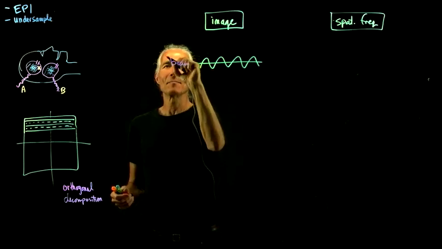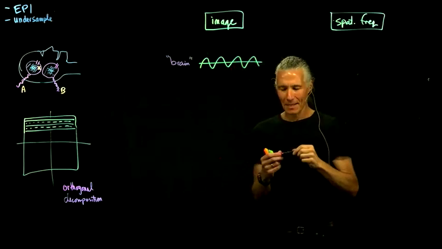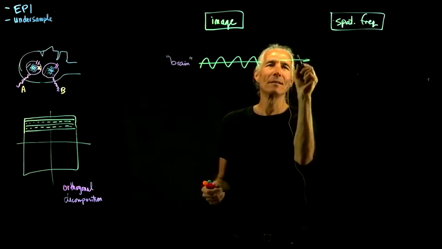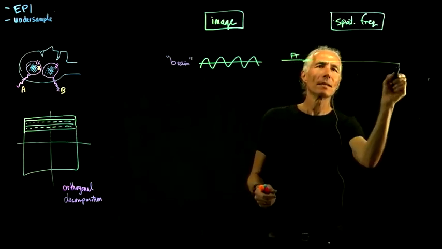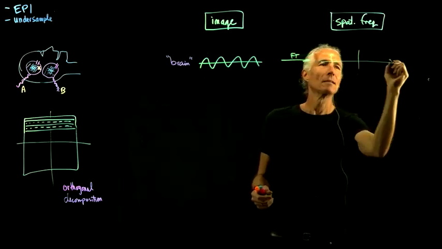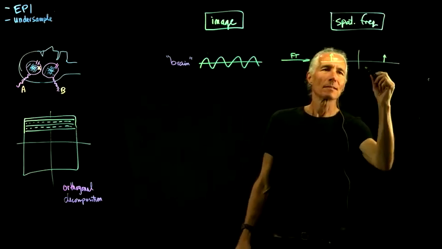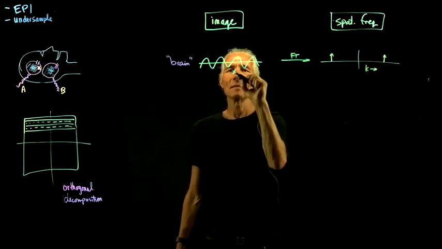Not a very good brain, but it's a brain that we can take the Fourier transform of very easily. So what's the Fourier transform of that? If we FT that cosine, then what we get is 2 spikes, like that. So this is spatial frequency, this is space.